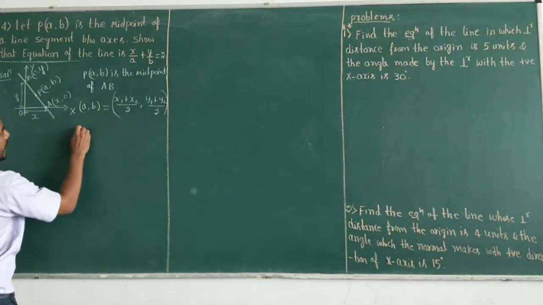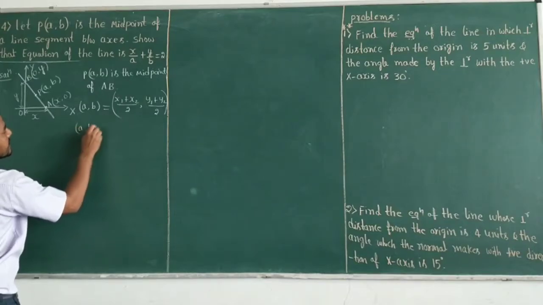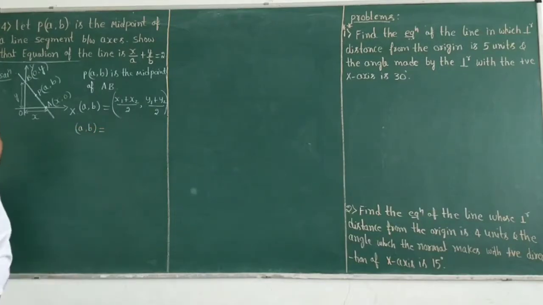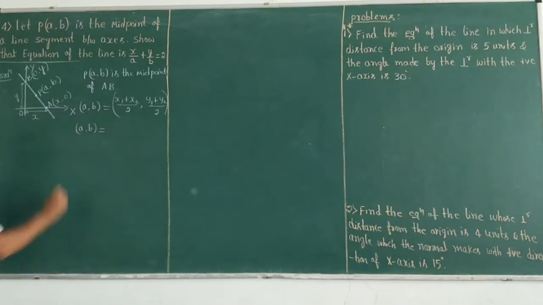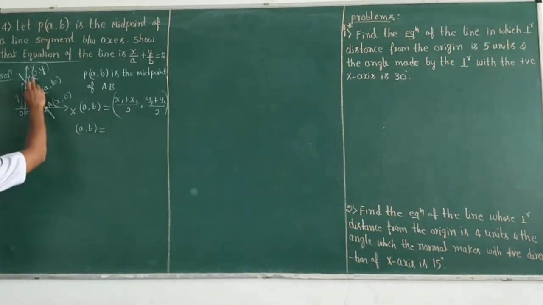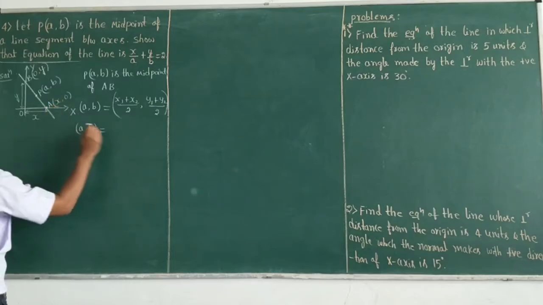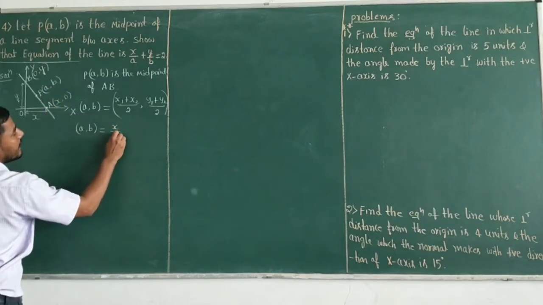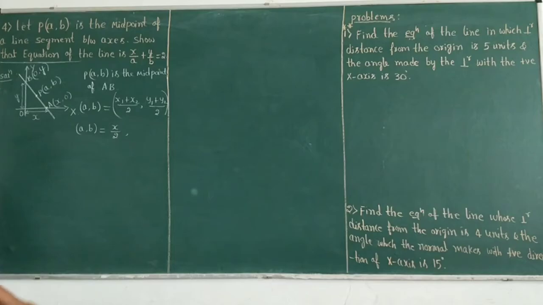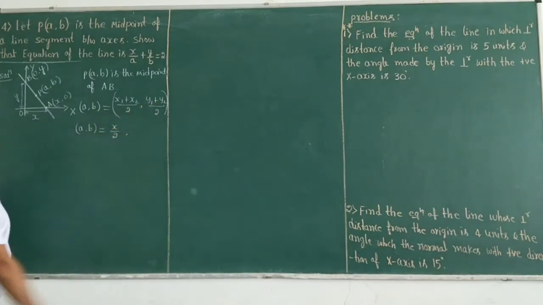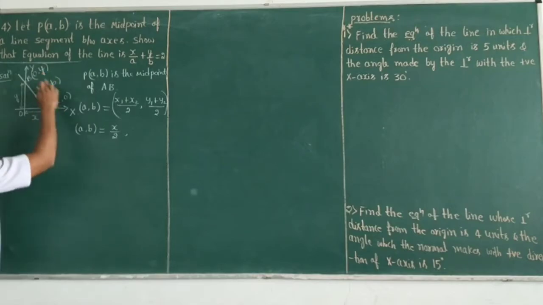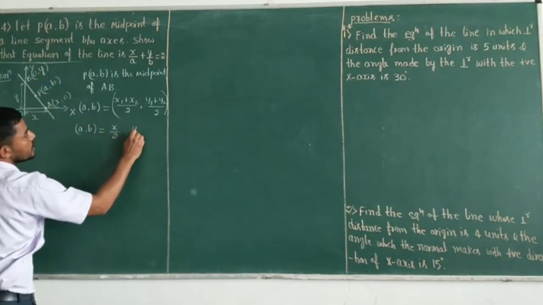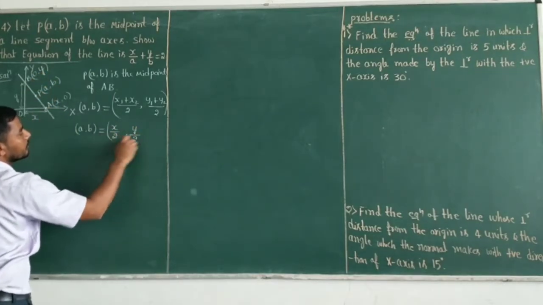So (a, b) is equal to ((x1 + x2)/2, (y1 + y2)/2). Here x1 is x, x2 is 0, so x plus 0 is nothing but x divided by 2. Similarly, y1 is 0 and y2 is y, so 0 plus y is nothing but y, divided by 2.